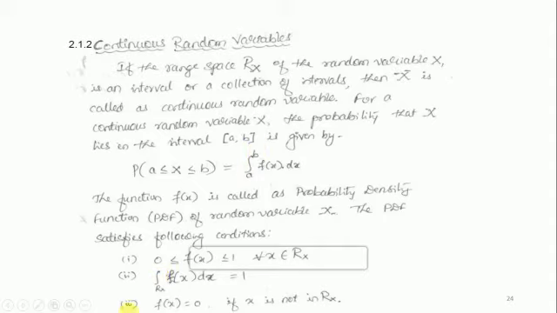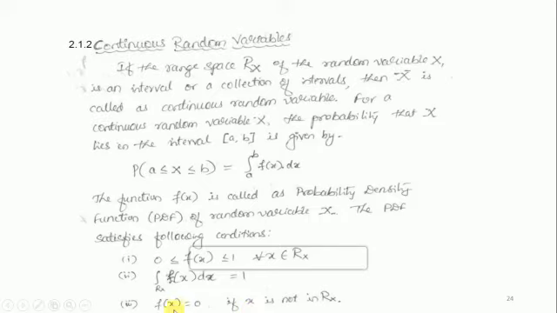So the integral of f(x) dx, when the values of x are in the range Rx, is equal to 1. It means that whatever values we have as the result of this function, if we add them, the total value must be 100%, which is equal to 1.